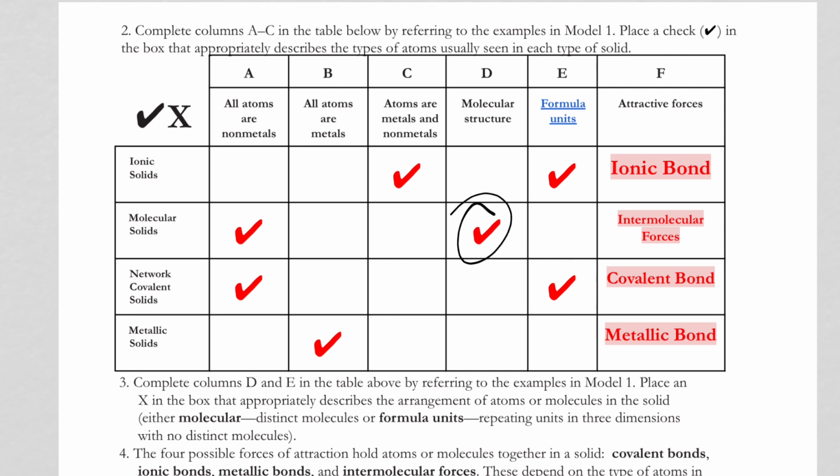Molecular structure, on the other hand, is talking about each of these forming a particular unit, such as H2O or CO2. These are specific units that will be able to detach from each other, and we're going to get into why this is important and how this is different from ionic and network covalent solids. So for example, water molecules, even if you heat it up, it's only going to become water vapor.